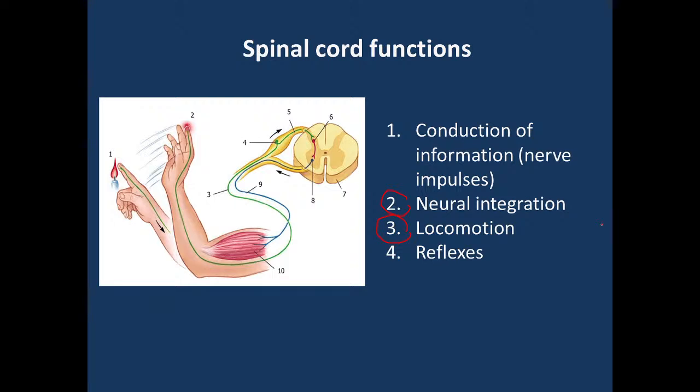Motor neurons in the brain initiate walking and determine its speed, distance, and direction, but the simple repetitive muscle contractions that put one foot in front of another over and over are coordinated by groups of neurons called central pattern generators in the spinal cord.